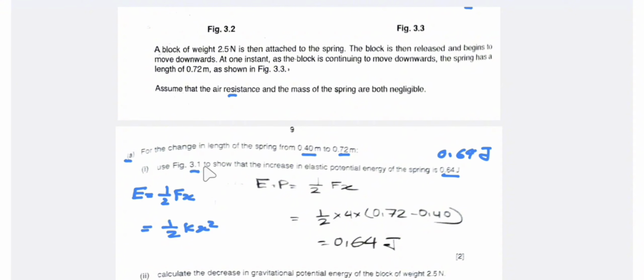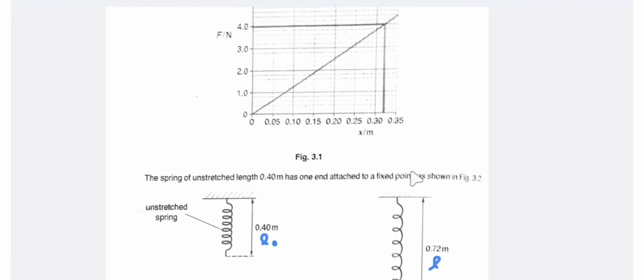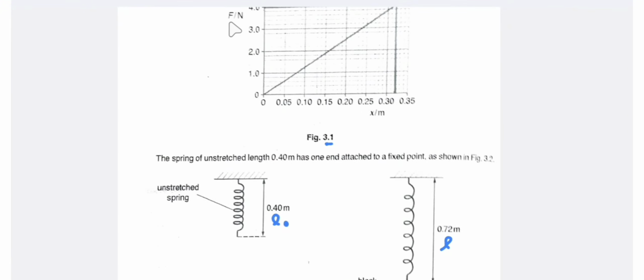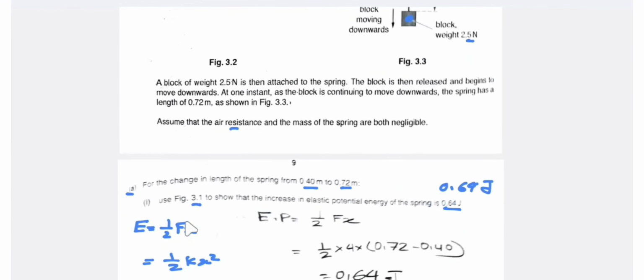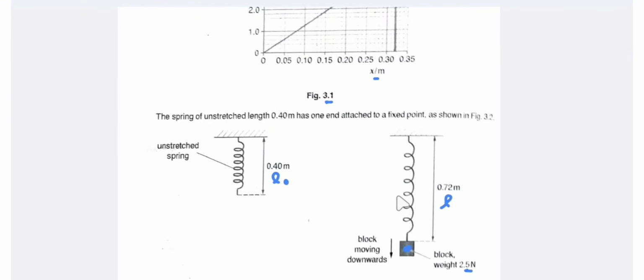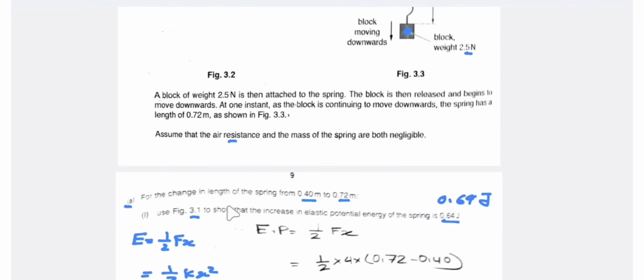So we need to use figure 3.1, while figures 3.2 and 3.3 show the lengths. We need figure 3.1 to find the force and the extension, and to calculate the increase in elastic potential energy. Here it is mentioned that the length increases from 0.40 to 0.72 meter.